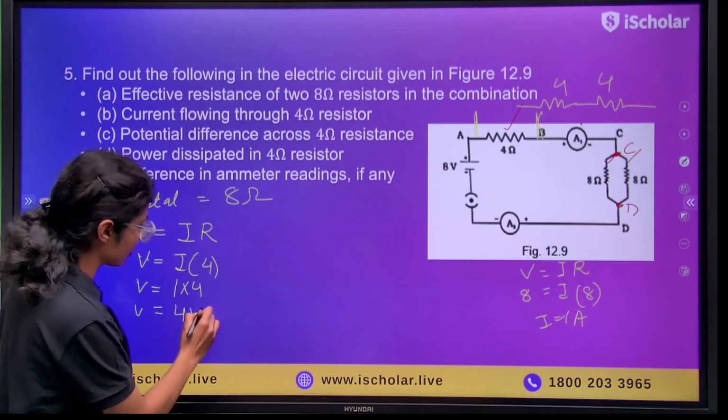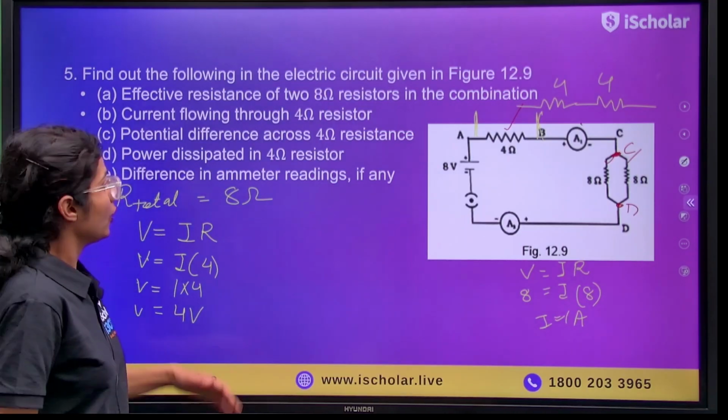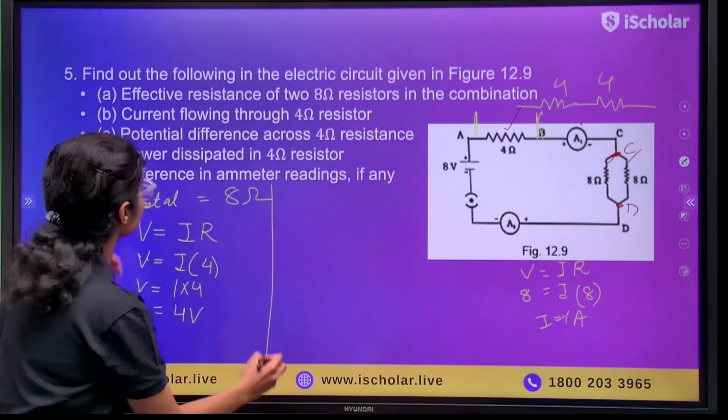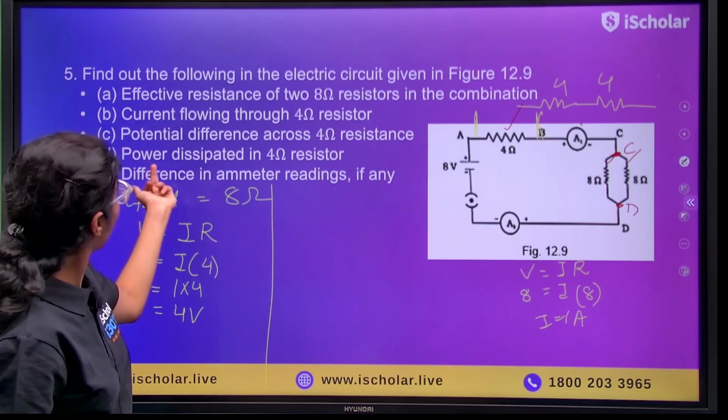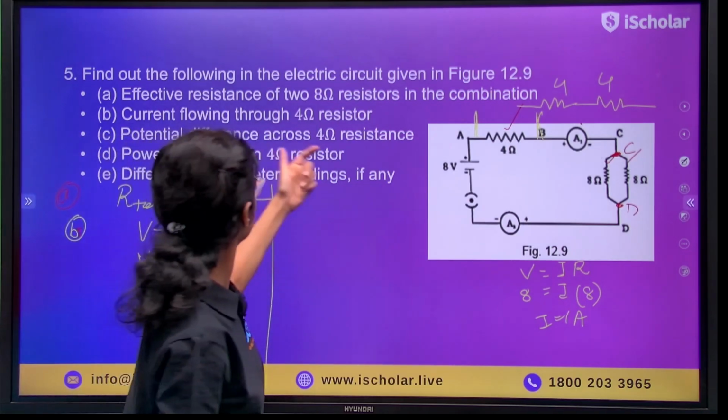You will write it as 4 volt. Once we have got this, now we'll come over to the next part, that is power.